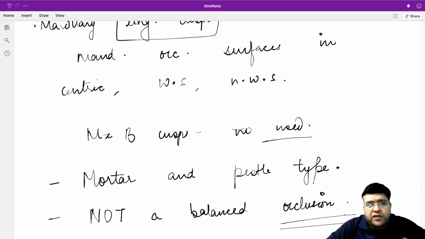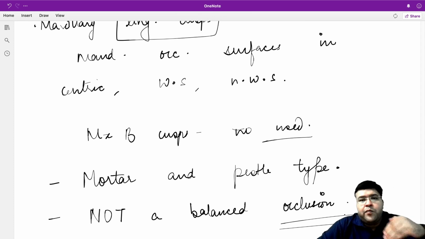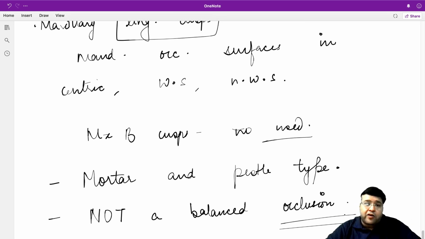All the forces for the maxilla are going to be on the functional cusp. So why have we removed the eccentric contacts? What we have removed is the eccentric contact on opposing sides, because you do not have a maxillary buccal cusp. So when you do not have an eccentric contact, the chances of losing denture stability are going to be really less. That is the purpose of doing a lingualized kind of occlusion.